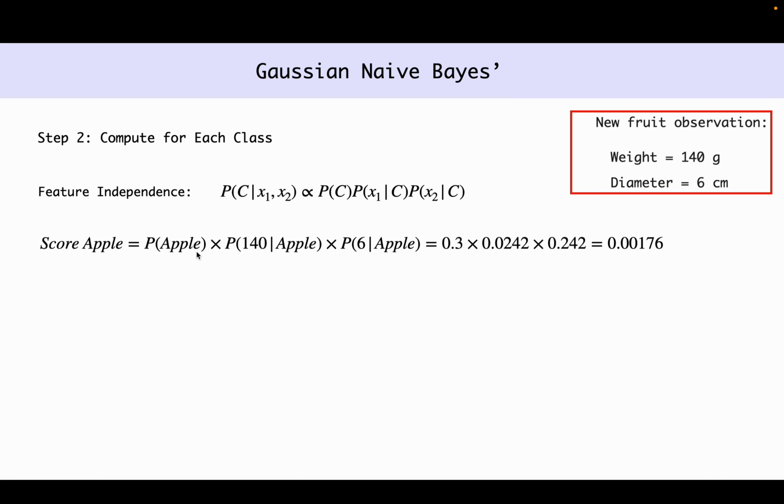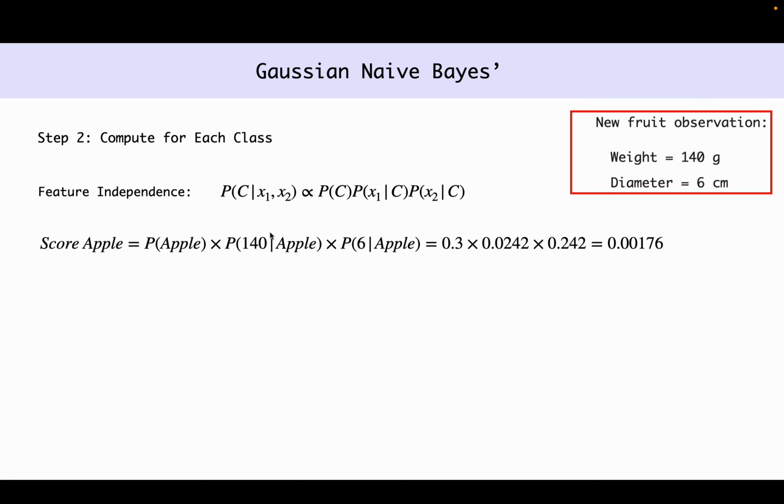If you compute the score for apple, we have the prior probability of apple times the probability of 140 weight given apple and the probability of 6 diameter given apple. When you compute these values, we get as follows: 0.00176, and these values we get using the Gaussian tables.